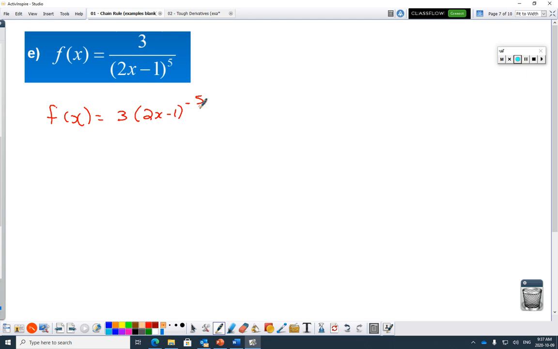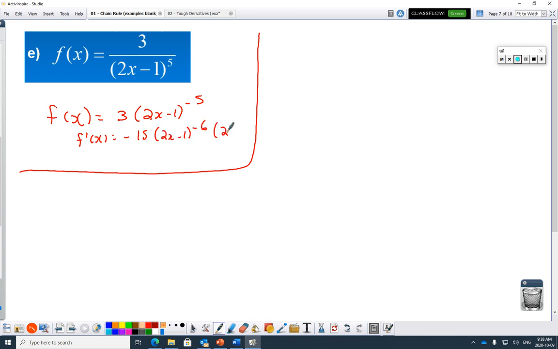I'm going to go over here. Actually, I'm going to really exaggerate it to really make my point here. Let me just reserve a little room for quotient rule over here. But let me do a chain rule when it's a constant number at the top there. F prime at x equals negative 15, 2x minus 1 to the negative 6 times 2.